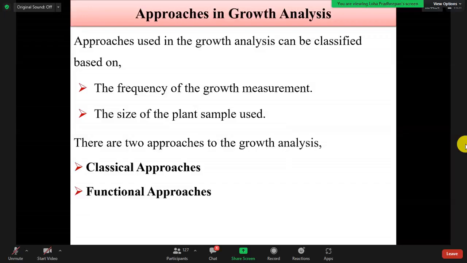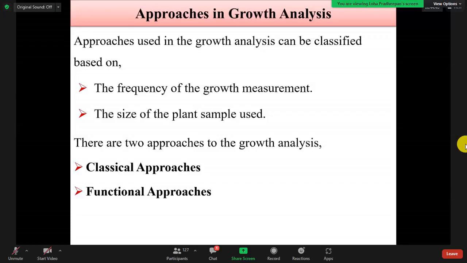That is the classical approach and the functional approach. That classification is based on the frequency of the samples we are taking and the amount of sample we are taking.